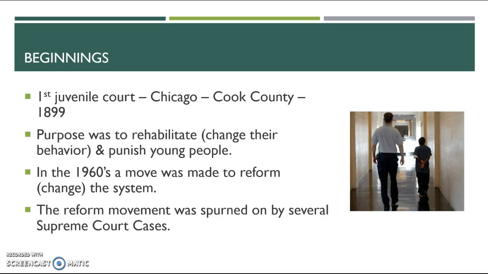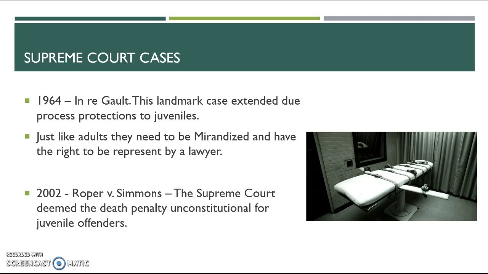In the 1960s, there's going to be a lot of reforms or changes made to the juvenile justice system. Most of these reforms are going to be spurred on by several different Supreme Court cases. Now, the two cases that you need to remember when it comes to the juvenile justice system are In re Gault. In this case, we're going to extend due process protections to juveniles.